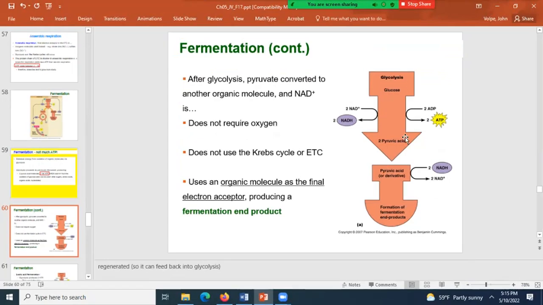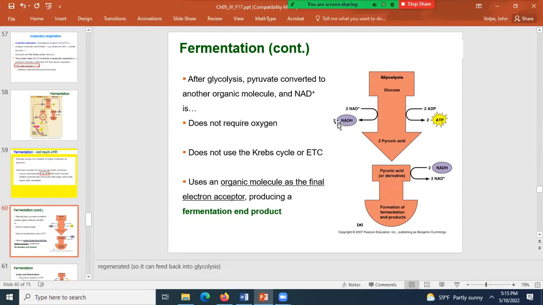So we have glycolysis generating 2 ATP and 2 NADH, the same as before, and the glucose is converted into 2 pyruvic acids. The pyruvic acid is then metabolized in 1 or 2 steps by a fermentation reaction or 2 reactions, making the fermentation end products.